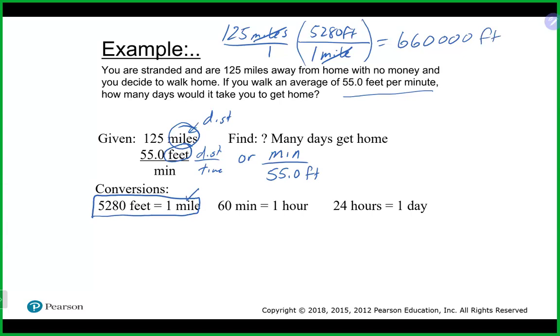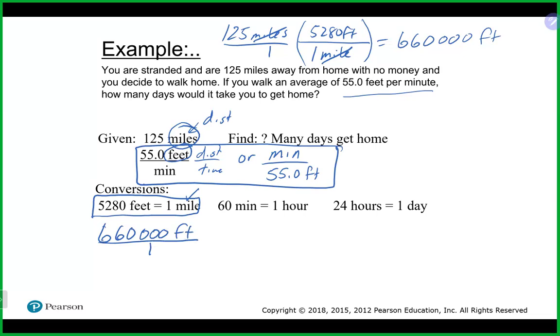Feet. Now that I do have it in feet, I'm good to go with my conversion factors because they are also in feet. So I'm just going to take that number here, 660,000. Once again, I'm going to put a 1 underneath it just to make sure I understand feet are on top. That again gives me the easy choice for the proper conversion factor.